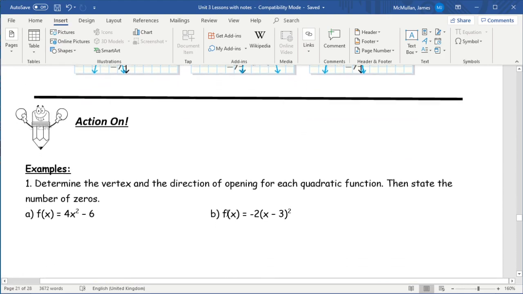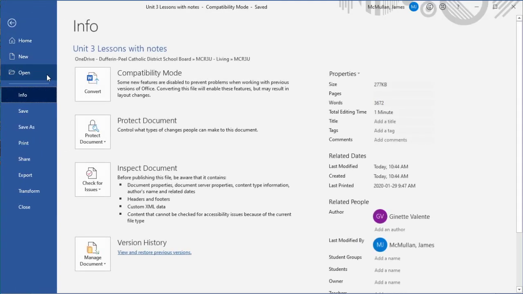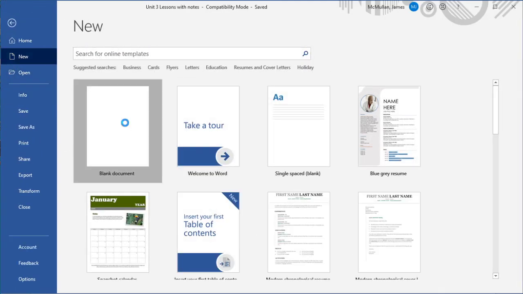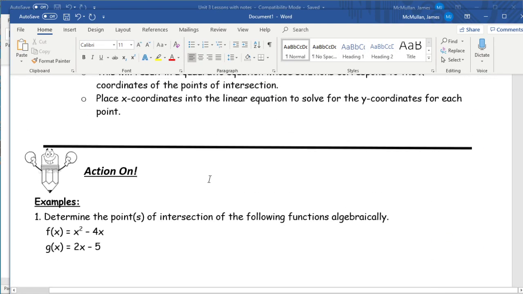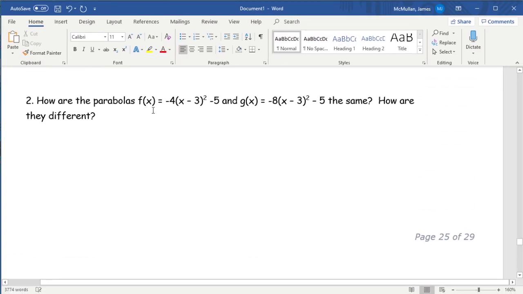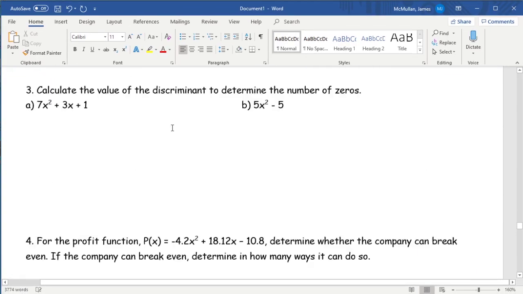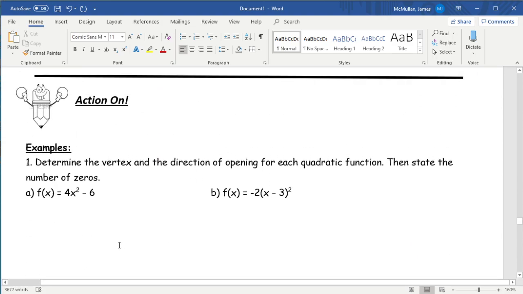Okay. Alright, so here it's saying determine the vertex and direction of opening for each quadratic function, then state the number of zeros. So this is actually not too difficult a thing to do. Let's go back to where we were. For this first question, a is 4, k is negative 6.